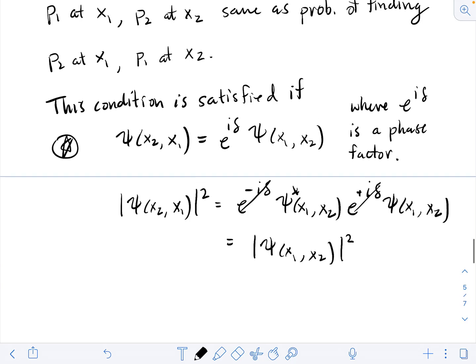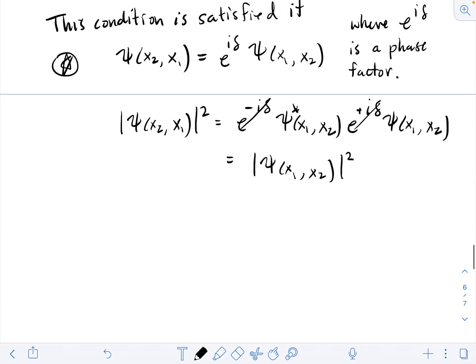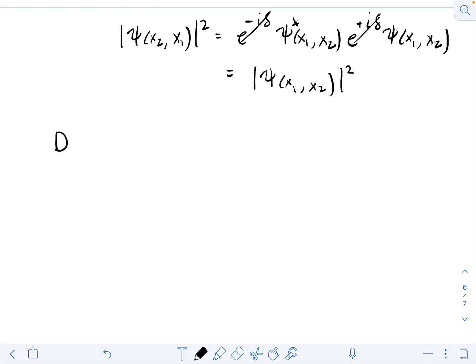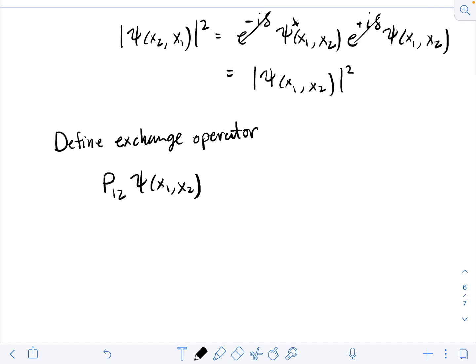Okay, so I want to see if we can come up with a bit of a restriction on what this phase factor has to be. So to do that, we're going to define an exchange operator. So the exchange operator we're going to label as P12, and what it does is when it acts on our two-particle wave function, it just swaps the positions of the two particles.